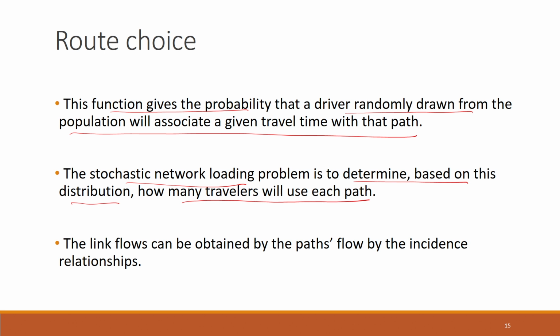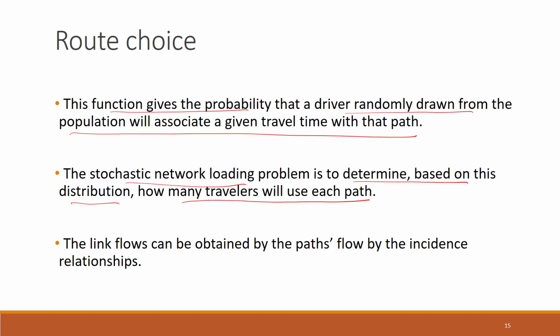For example, if there are two paths connecting a place A to place B, since we can determine the probability that the travel time on a given path may be perceived to be lower than on the other path, we can determine the path flows. Suppose the probability that the perceived travel time on the first path is less than on the second path is 0.4, and similarly the probability that the perceived travel time on the second path is lower than on the first path is 0.6.